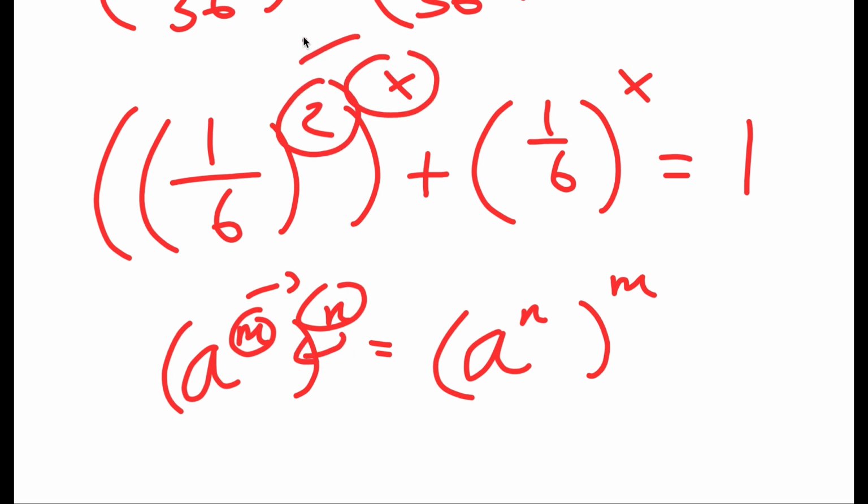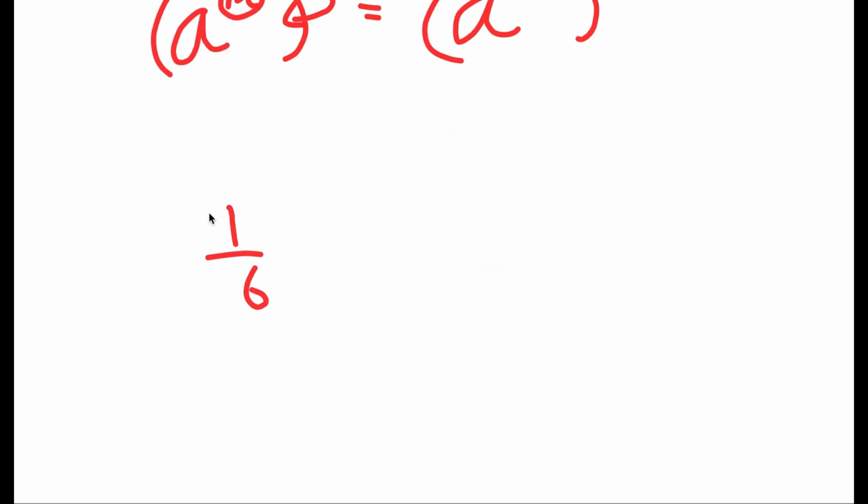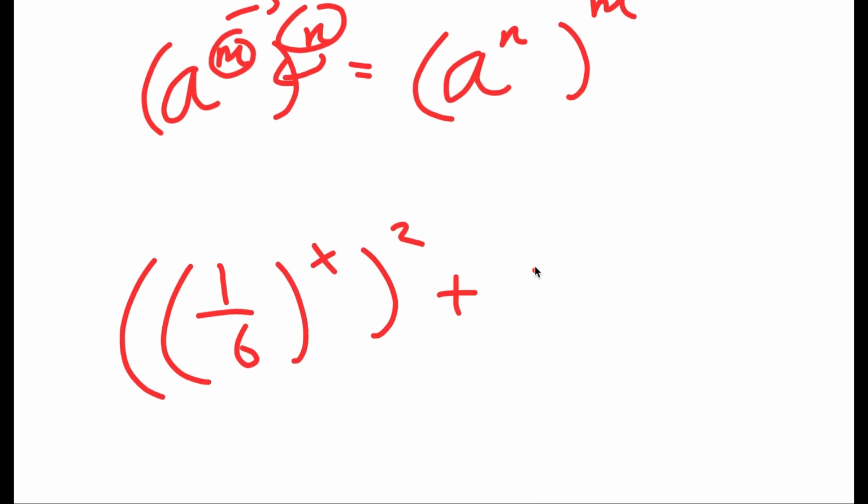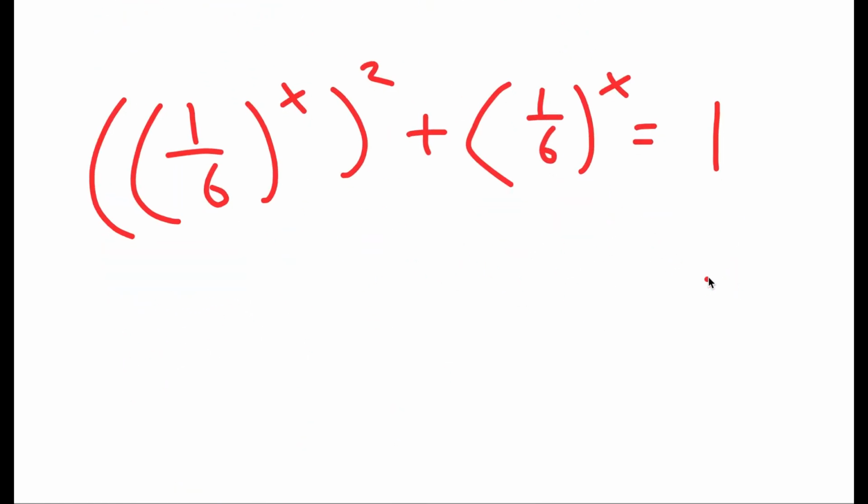So I'm going to switch to an x. So now I have 1 over 6 to the power of x to the power of 2 plus 1 over 6 to the power of x is equal to 1.